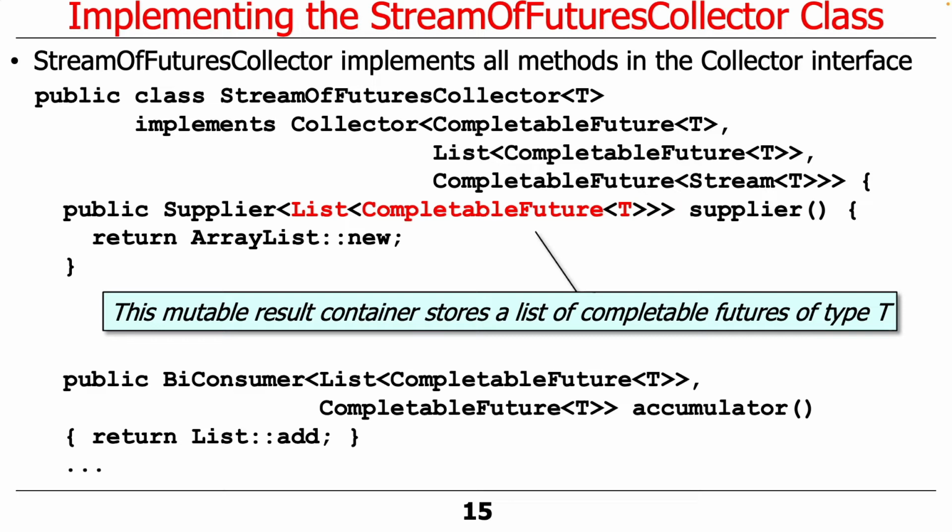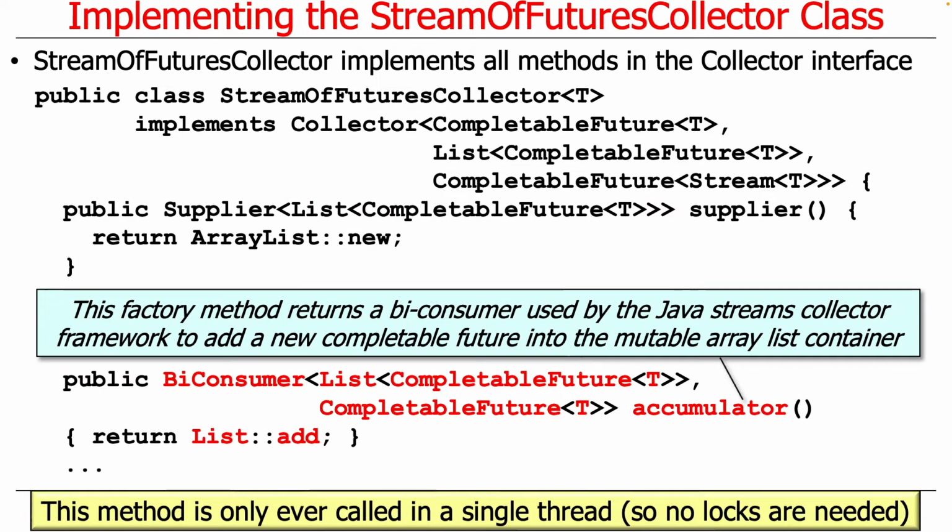We then have the accumulator, which is also a factory method, and that returns a so-called BiConsumer, which has two parameters. And the Java Streams collector framework will use this to add a new completable future in the stream as it is absorbed into the stream, as it ingresses into the stream.